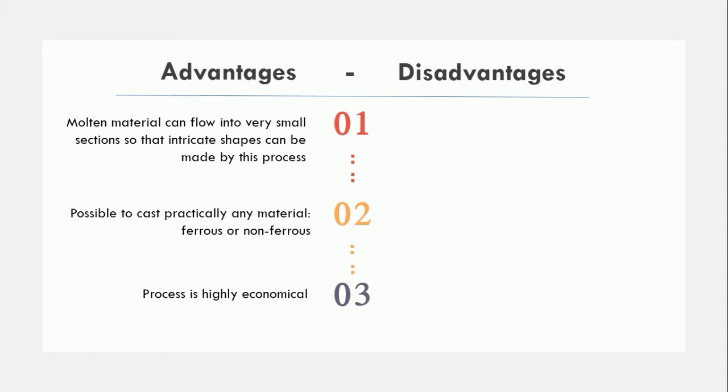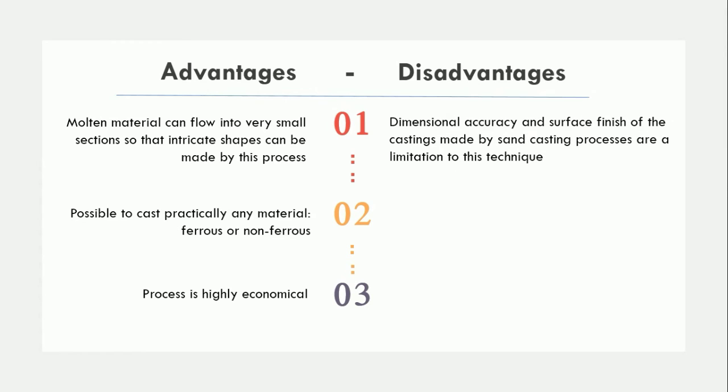Move to the disadvantages of sand casting, in which the very first one is dimensional accuracy and surface finish. Whatever the cast product made by means of sand casting, there is a huge limitation on dimensional accuracy and surface finish.